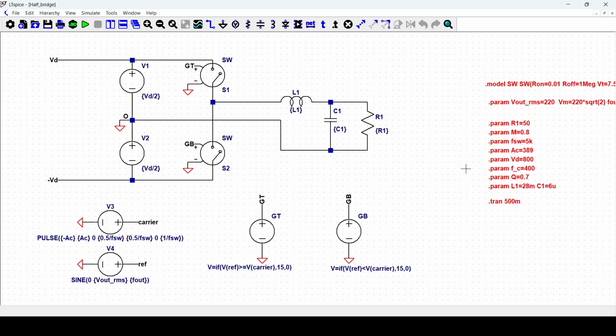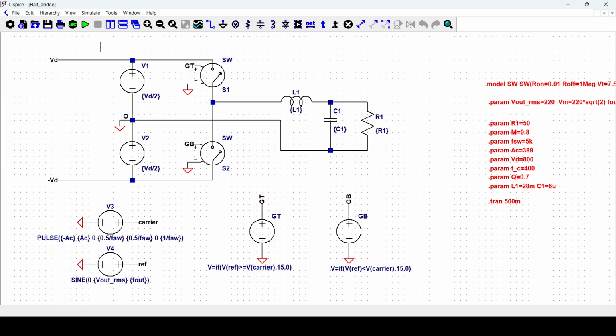So in this video we would like to know about the harmonic content of the output waveform, and to remind you, we had a sine wave of 50 Hertz with 220 volts of root mean square.